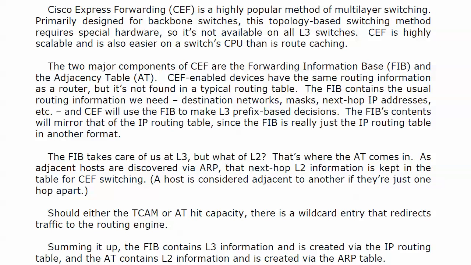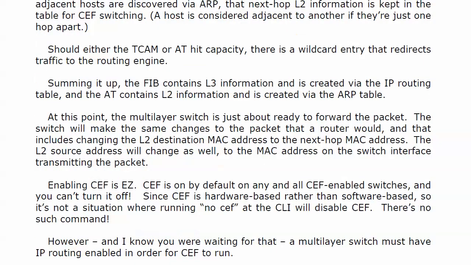Now, if either the TCAM or the AT gets full, there is a wildcard entry that redirects traffic to the routing engine. So we still get things done, just not as quickly as we might like. Just a quick reminder, summing it up: the FIB contains our layer 3 information and is created via the IP routing table. The AT contains layer 2 information and is created via the ARP table.